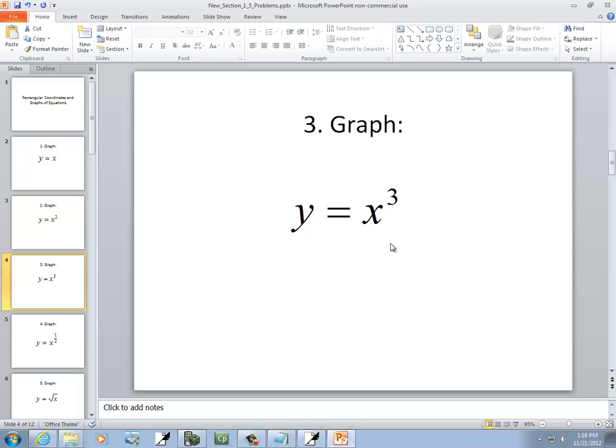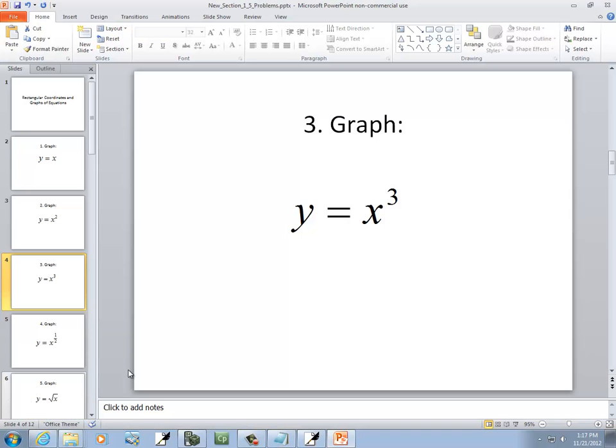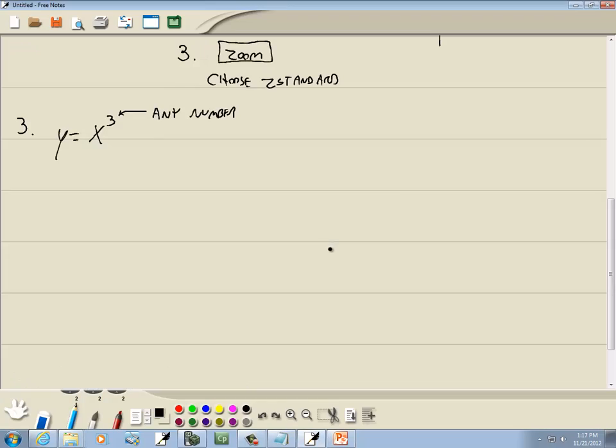Our next one. Y is equal to x to the third. Now this, I could care less what x to the third looks like. We're showing here, how do you put in any number? Because you could have x to the fourth, x to the fifth, and so forth. This case is x to the third.